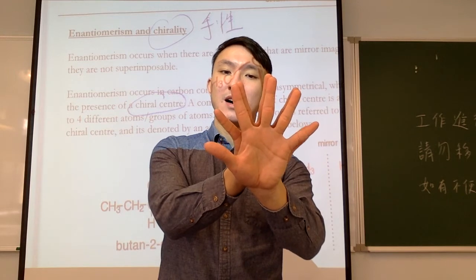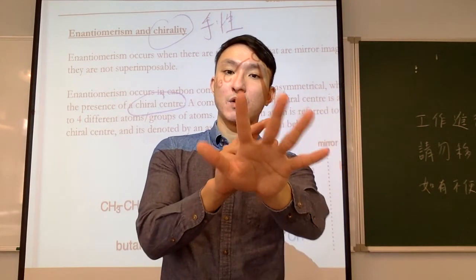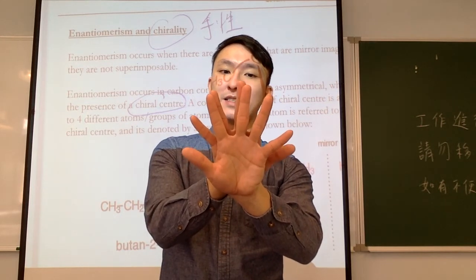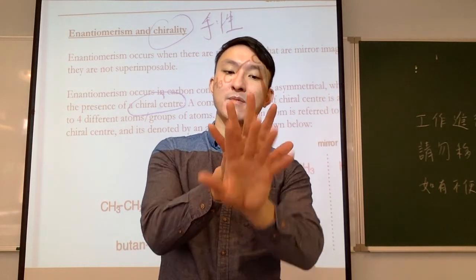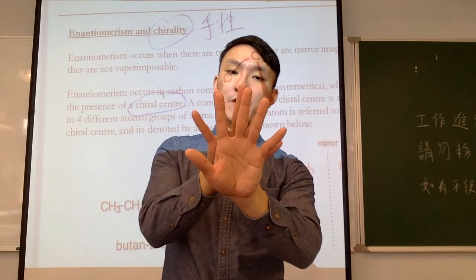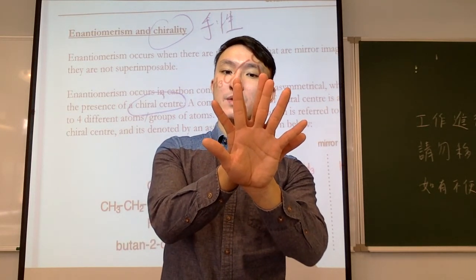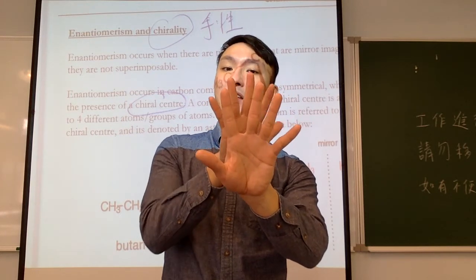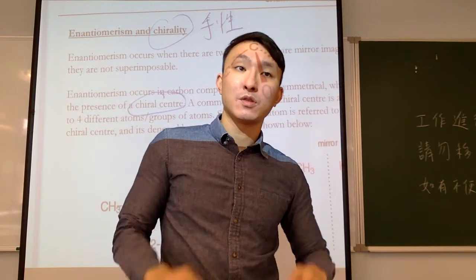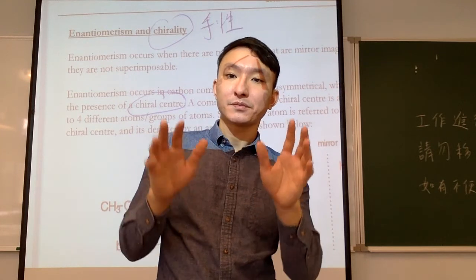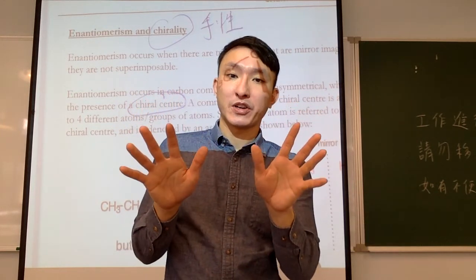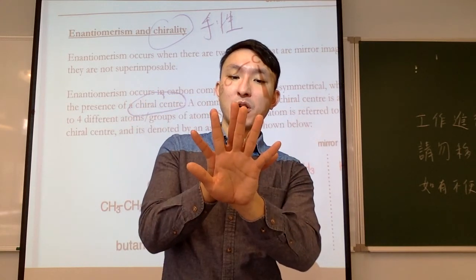You see, here, my hand closer to your screen, my pinky is unable to block away my thumb from the hand that is away from you. So that's why you will still see the thumb of my hand that is away from you. Anyway, the idea is, just like our hands, they are asymmetrical, therefore they are not superimposable.